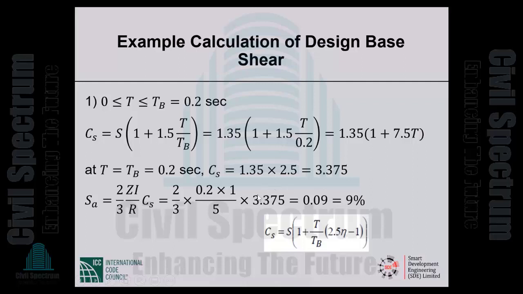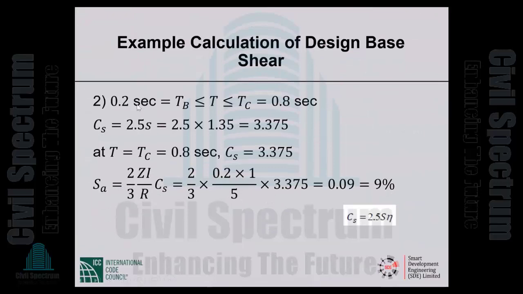We take the 3.375, multiply by 2/3 of Z of 0.2 divided by R of 5 times I of 1, we get a value of 0.09. That means the design base shear is 9% of the weight of the structure at T sub B, where the ramp meets the flat top.